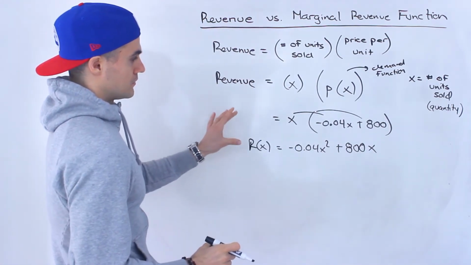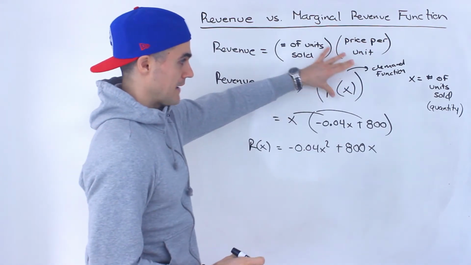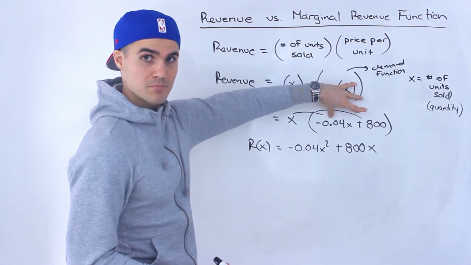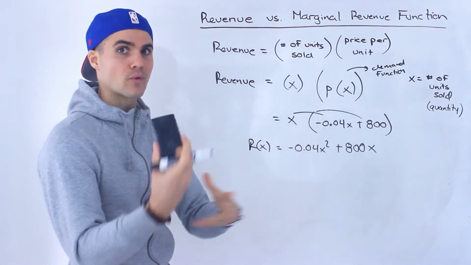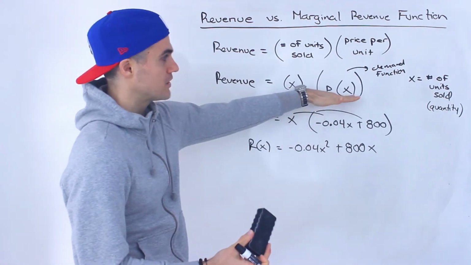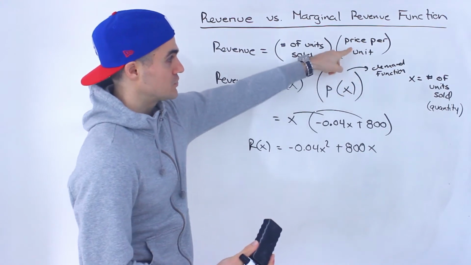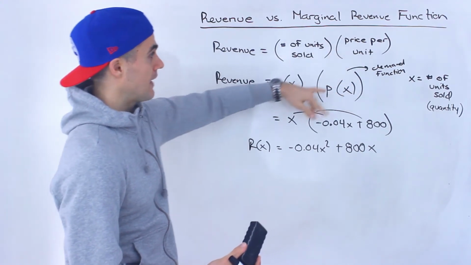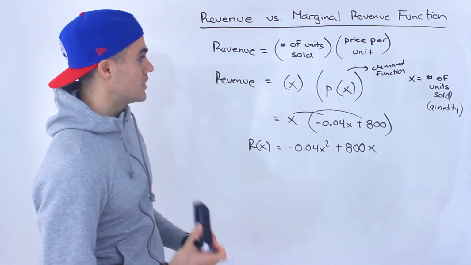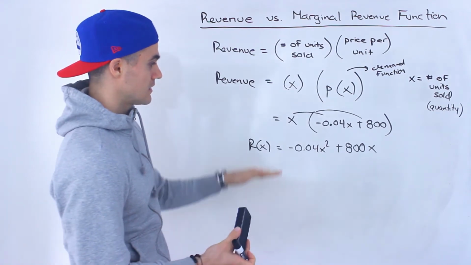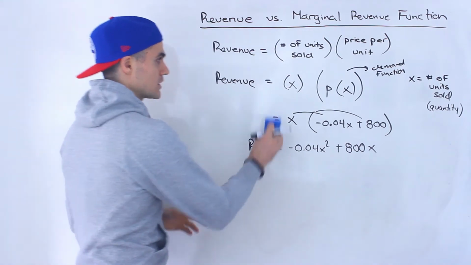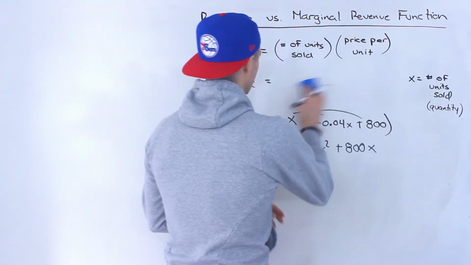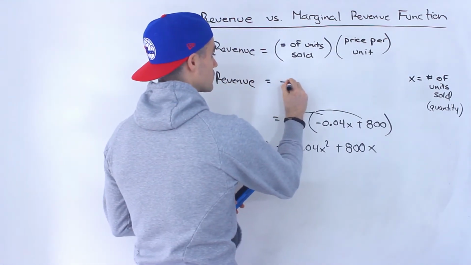So if they give you a demand function, or a price function, and they ask you to give a total revenue function, you would take that price function, which is the price per unit, and multiply it by the number of units sold, by the x, and then you end up with your revenue function. Right, so I'm actually going to take this and write it up here, to save some room.